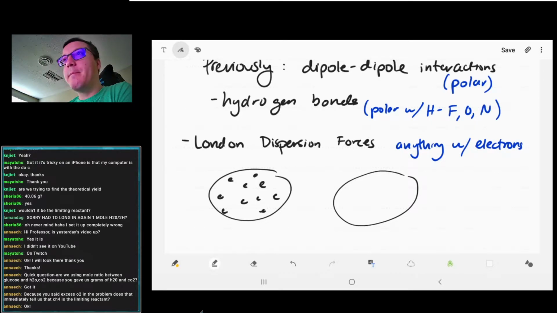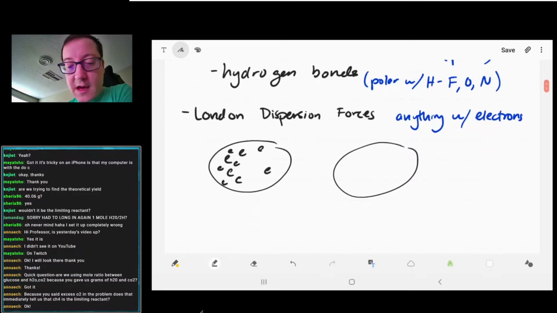But perhaps for a very, very short fraction of time, as these are all zipping around all over the place, going very quickly, maybe at one point we end up with more electrons on one side of the molecule, just for an instant of time. That causes what's called an instantaneous dipole.